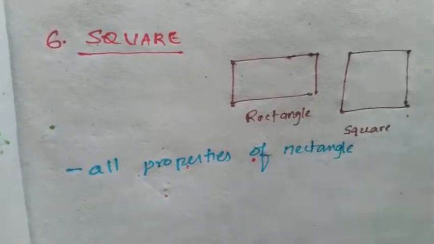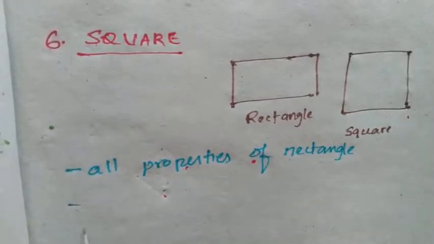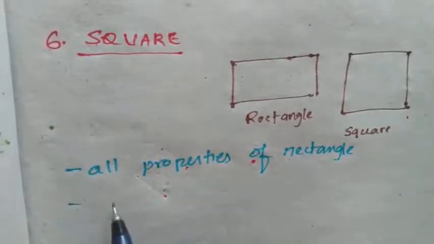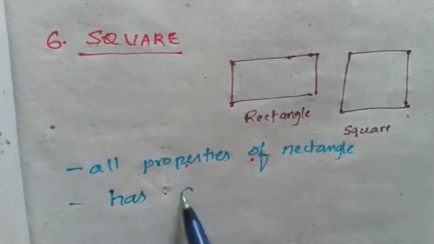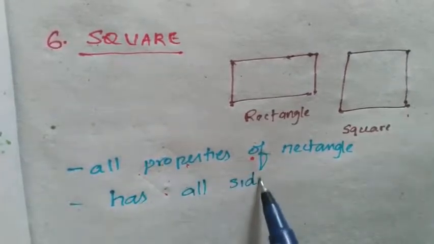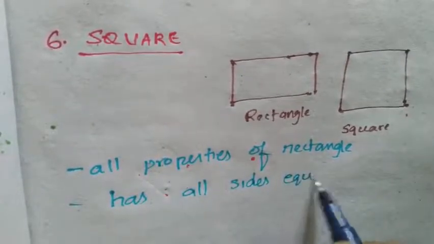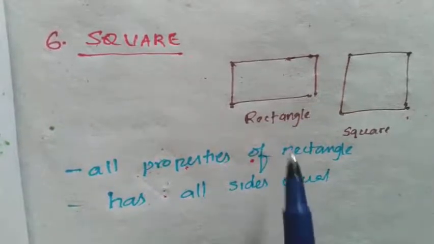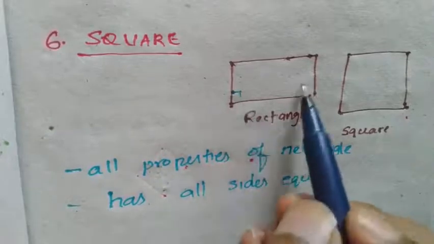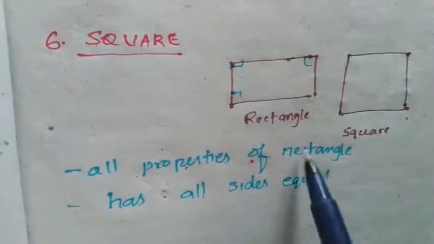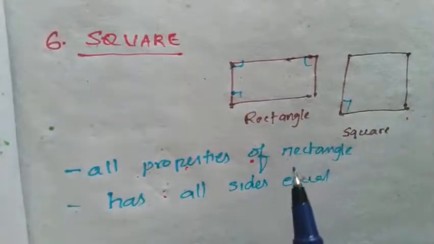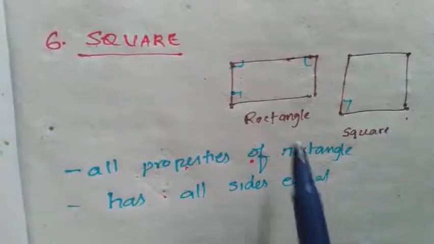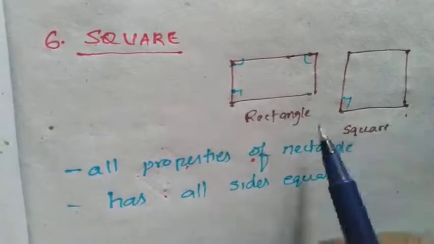In addition to this, like a rhombus, a square has all sides equal. If you compare rectangle and square, each angle in a rectangle is 90 degrees. In a square also each angle is 90 degrees. That means all angles are equal. Here also all angles are equal.